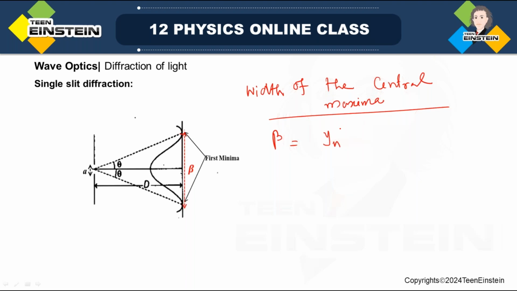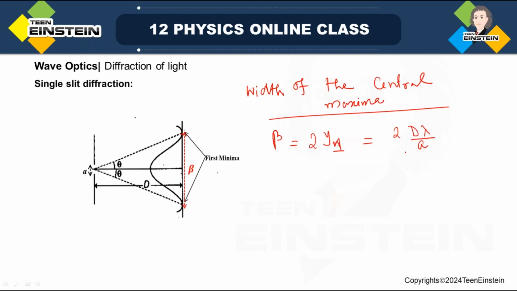I think I was correct only. So yeah, I think it is 2 into lambda 1 y1 itself. Okay, so y1 is d lambda by a, d lambda by a, right?